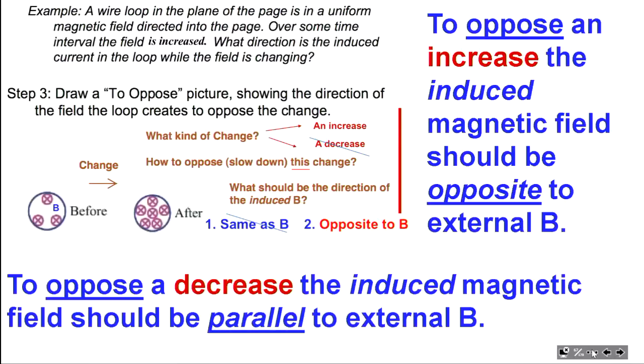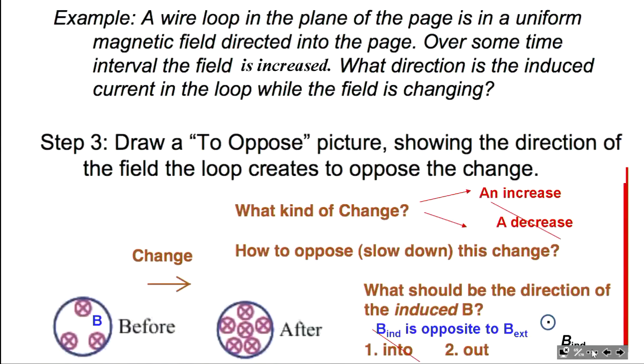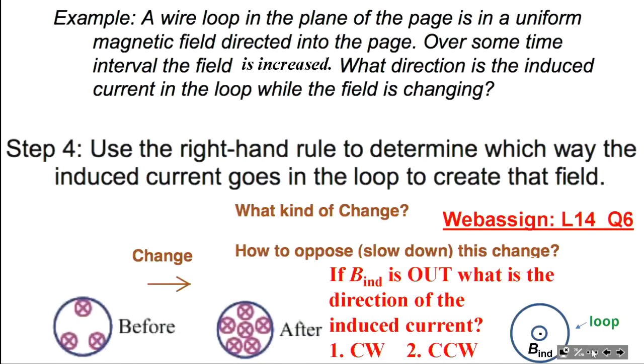Well, and now we have to draw that picture. What is opposite to into the screen? Out of the screen. And this is our picture. The third picture. This picture doesn't show electric current, but we know that the direction of electric current is related to the direction of the induced magnetic field.